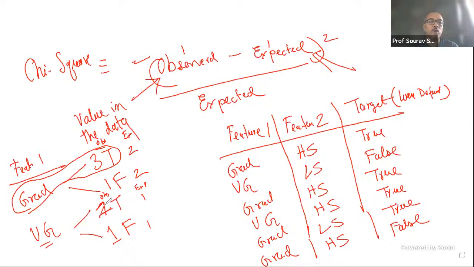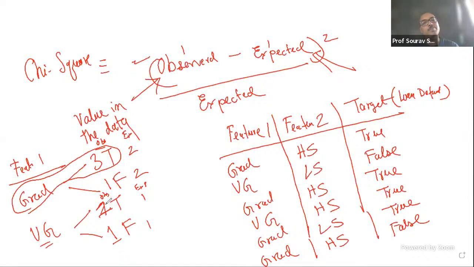The classes are true and false, that's the denominator, and the numerator is the number of cases that you have. So in the first case, when you had 4 cases, you're expecting that 2 of them will be true and 2 of them will be false. You're assuming that this particular variable, feature 1, did not have any kind of impact.